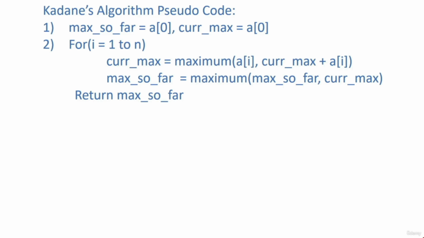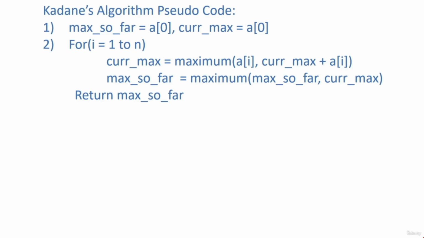One more thing: the implementation we are going to cover here is the most comprehensive, which means it is applicable even if the array contains all negative elements. Let's discuss the pseudocode. First of all, we are initializing two variables, max so far and current max, both with the first element of the array.